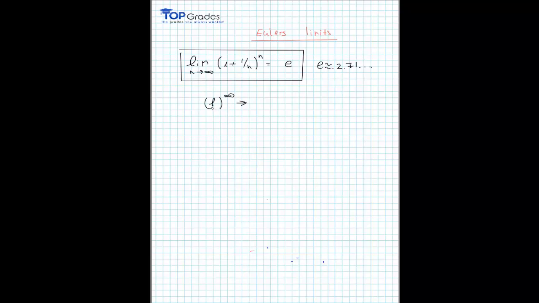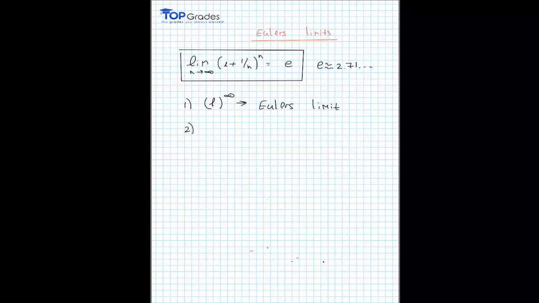If we get something that reaches 1 in a power that reaches infinity, it may be an Euler limit. After we understand that we're talking about an Euler limit, we have to understand how we know it's an Euler limit, because it can be anything else. The steps: first, we find that it looks like 1 in a power of infinity.